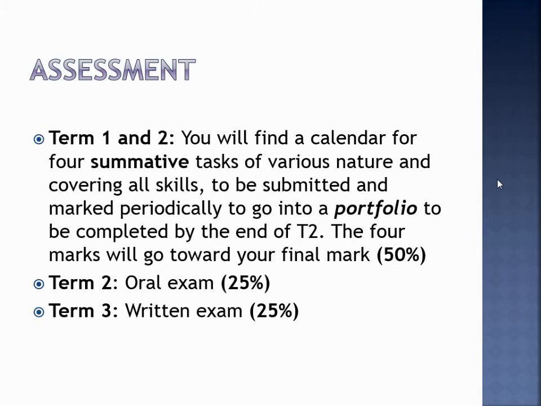And in term 3, you will be asked to perform a written exam, which will be worth 25% of your final mark. More information about the exact weeks when this is taking place can be found on a Word document that you can download from your ELI page.